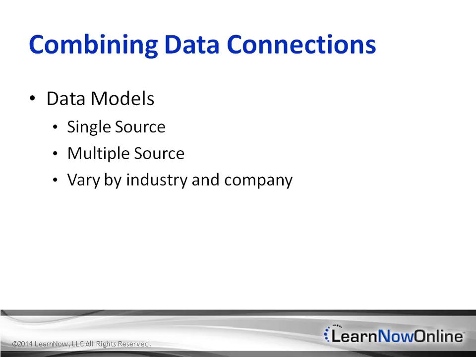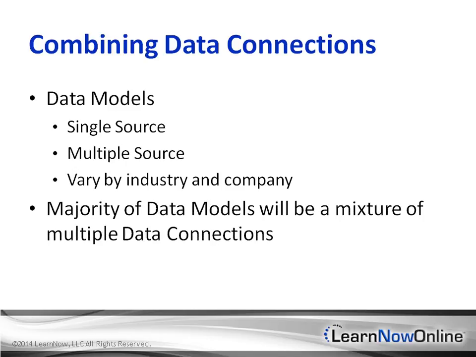Well, as mentioned before, a lot of your data might be coming from multiple sources. It could be a relational database, it could be a cube, it could be one of your coworkers' Access database, or even a workbook. That also varies by industry and company according to corporate policies and many other variables that we might not even be aware of.